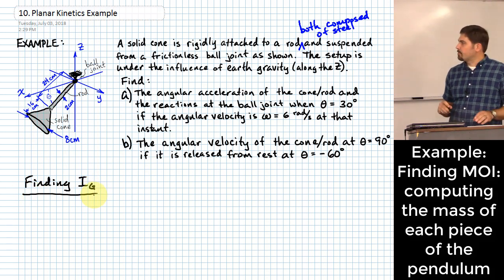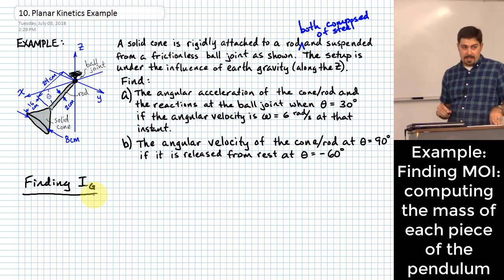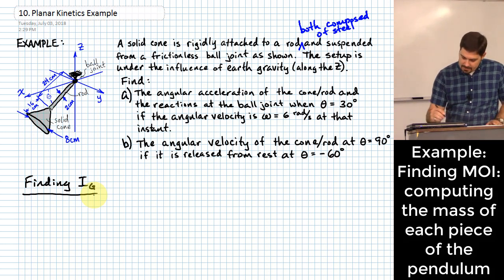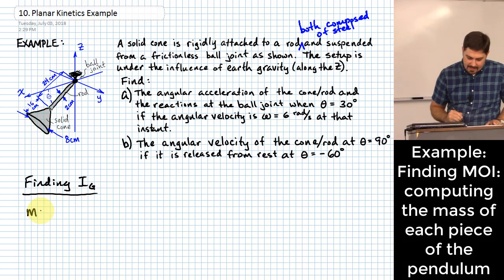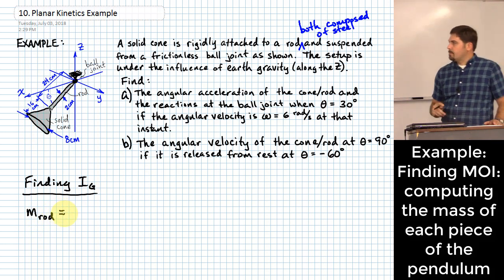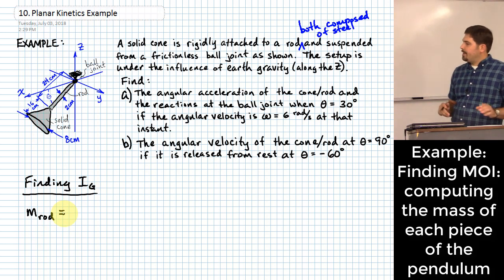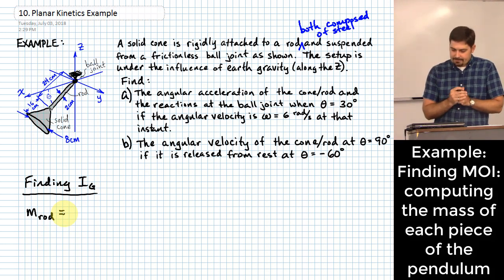To do this, one of the first things I need to do is figure out how much mass we're dealing with in each of the parts, right? So the mass I have associated with the rod, how do I figure that out?